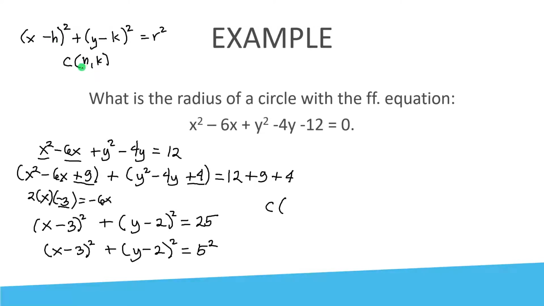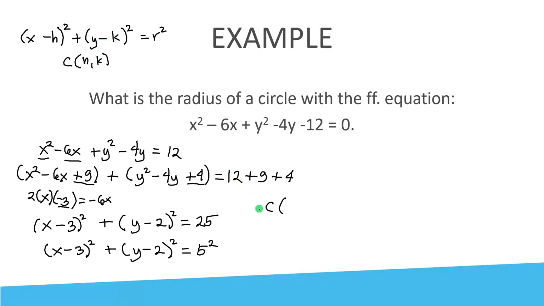For the group x minus h, that's for the x value of the coordinates, take the opposite sign of that. The same way with k on the y value, take the opposite sign.